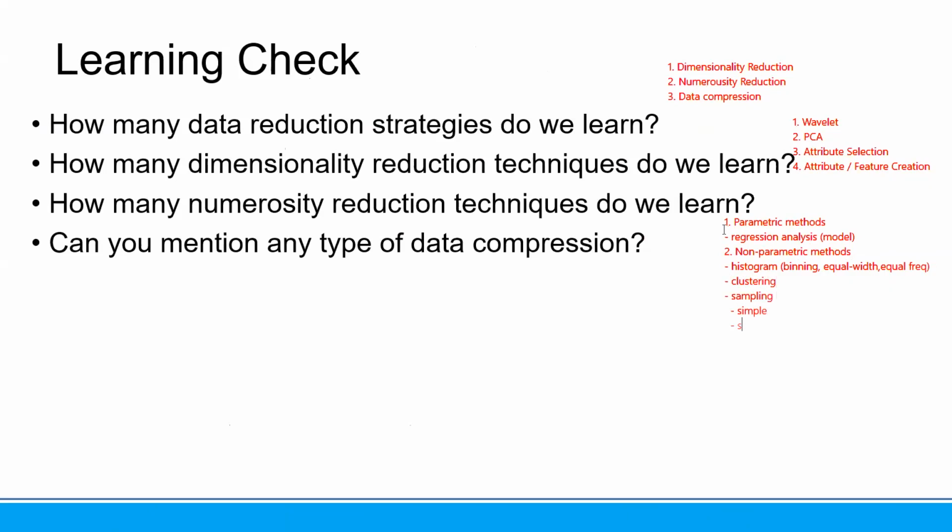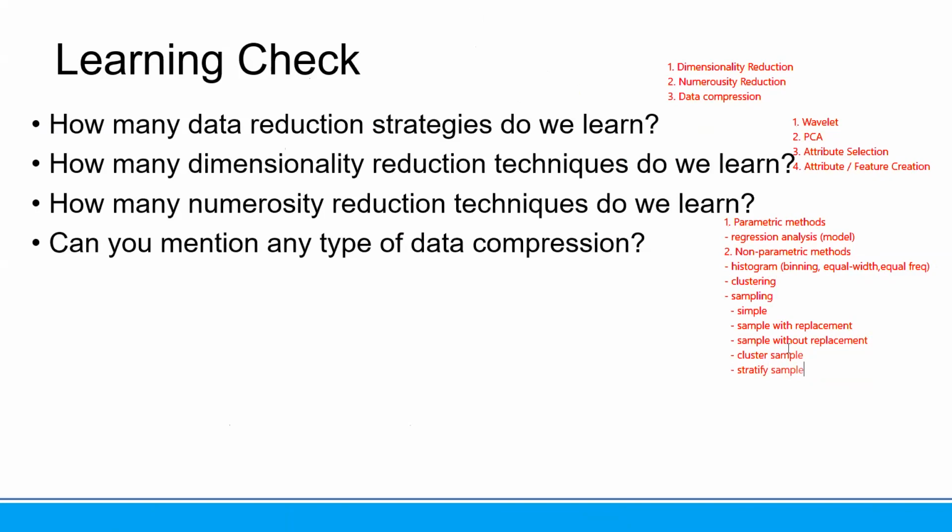We learn about sampling with replacement. We learn about sampling without replacement. We learn about cluster sampling. We learn about stratified sampling. So yeah, there are many techniques that we learn.